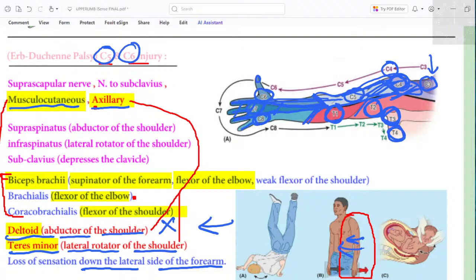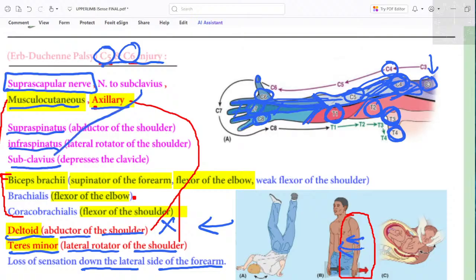As we said, C5 and C6 injury will cause impairment of the suprascapular nerve, and the suprascapular nerve gives supply to these muscles, supraspinatus and infraspinatus. Supraspinatus and infraspinatus are supplied by the suprascapular nerve, and subclavius is supplied by the nerve to subclavius.